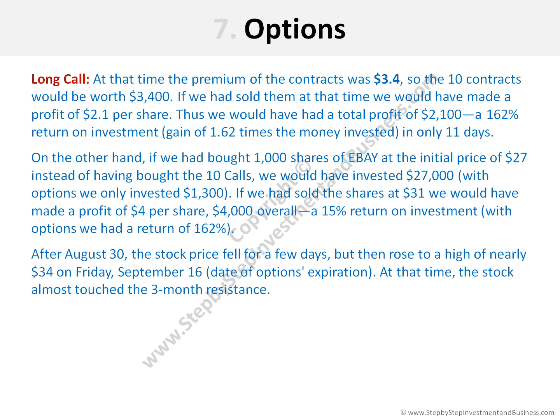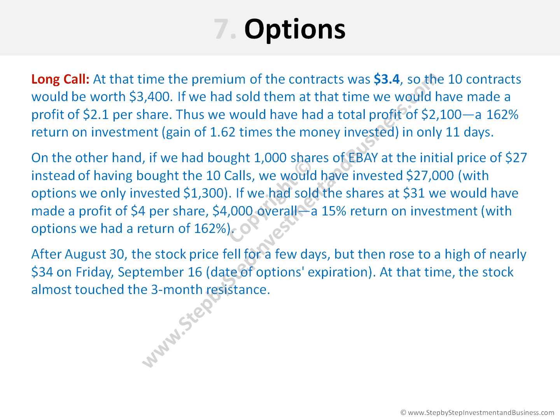On the other hand, if we had bought 1,000 shares of eBay at the initial price of $27, instead of having bought the 10 calls, we would have invested $27,000. With options, we only invested $1,300. If we had sold the shares at $31, we would have made a profit of $4 per share. We bought at $27 and we sold at $31.